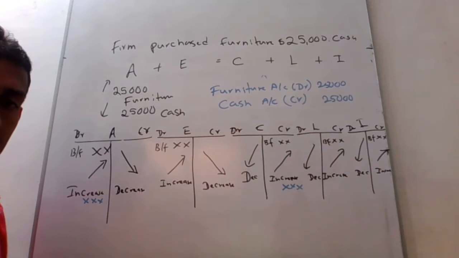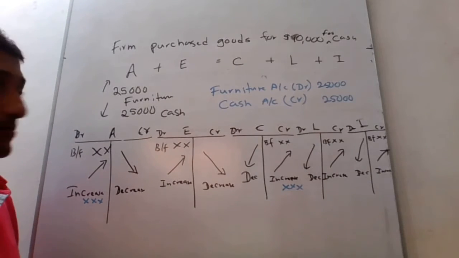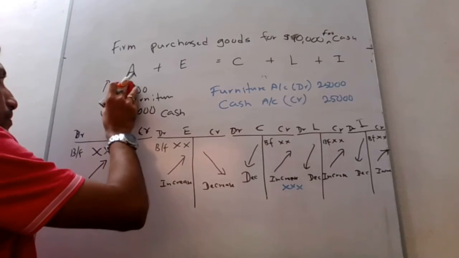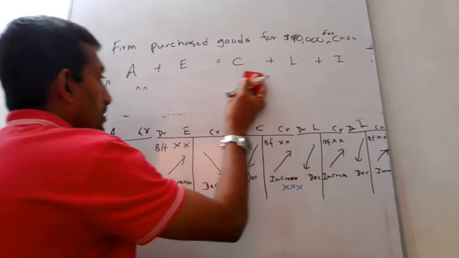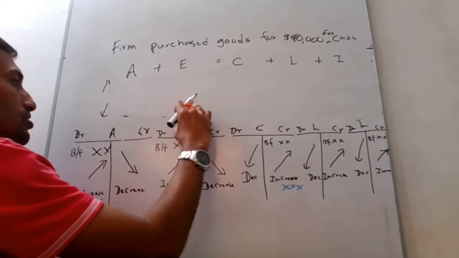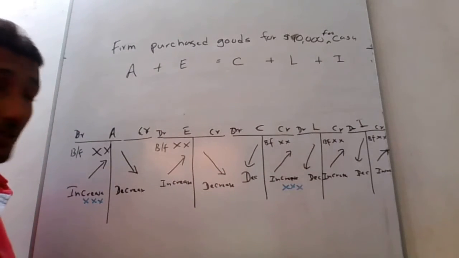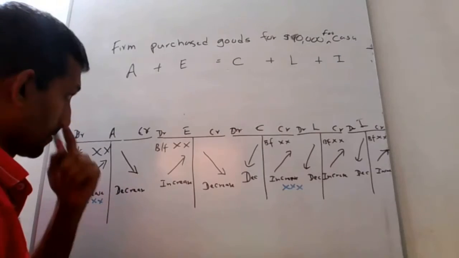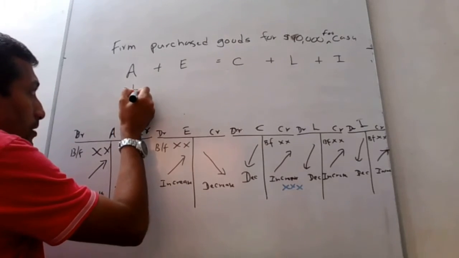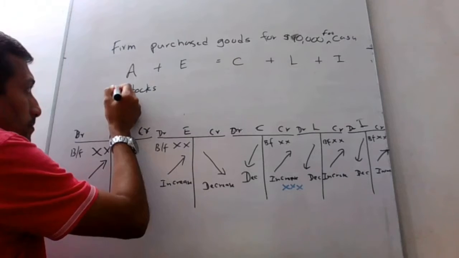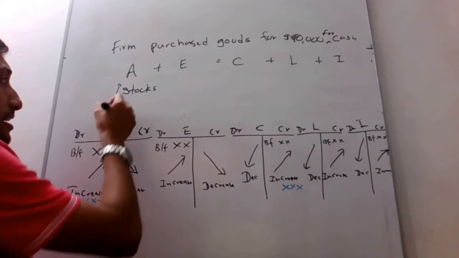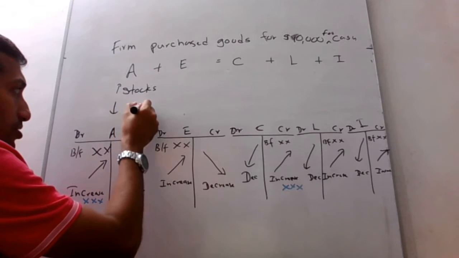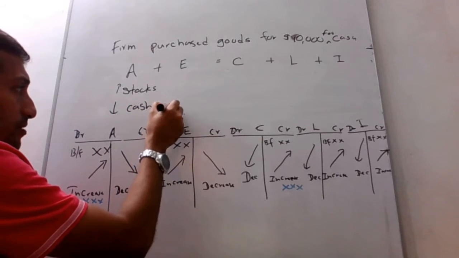Let's understand another type of transaction. Okay, so let's try to put it to the equation. Now again here you can see, when you purchase stocks, what will happen? That's an asset, so your stocks will go up by 10,000. At the same time, you are paying by cash and your cash is reducing by 10,000.